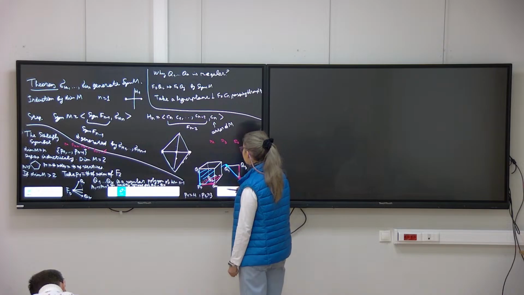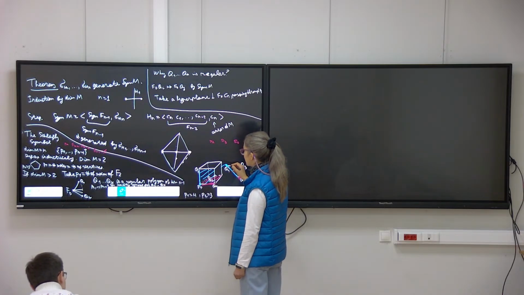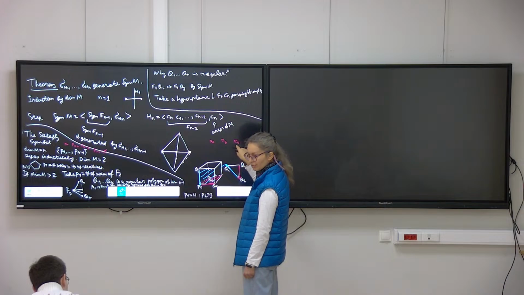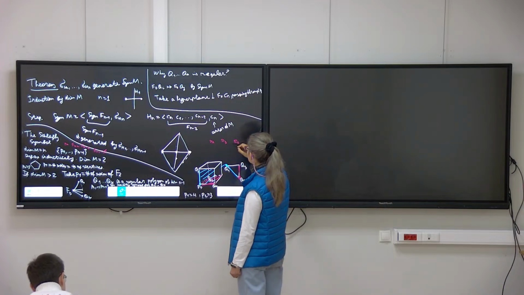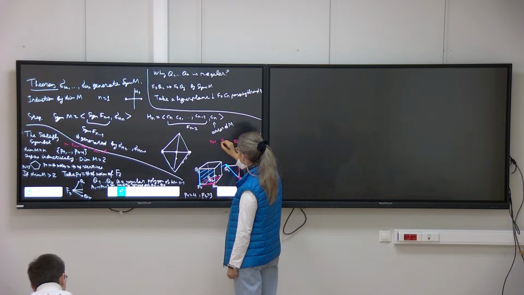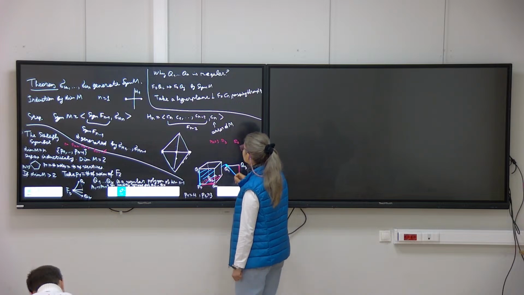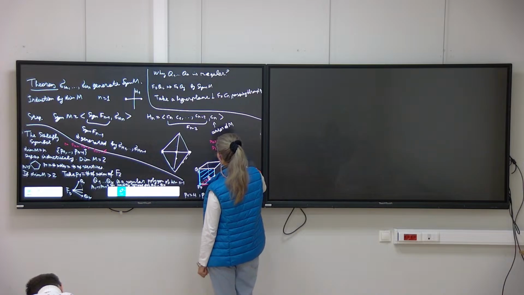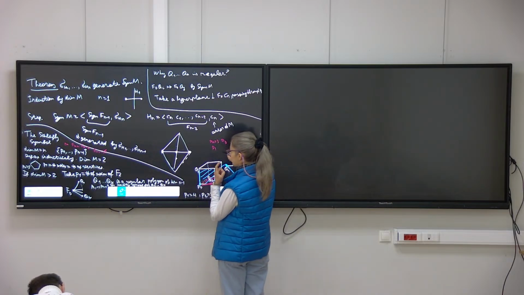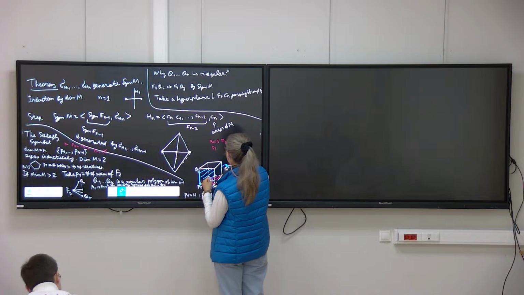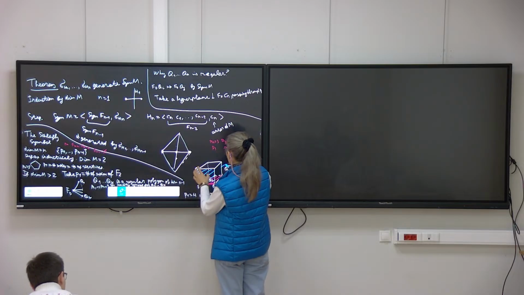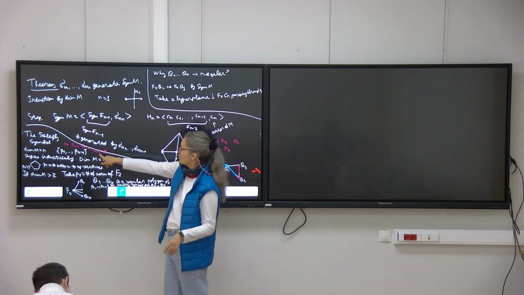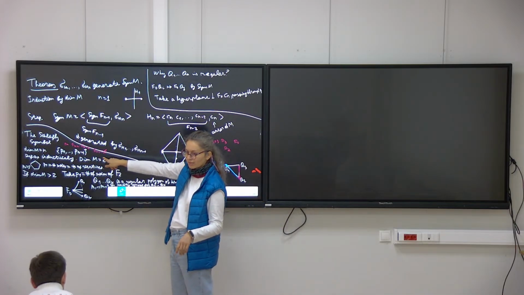Number of faces of dimension 2 which contain a vertex. There are 3 such. F3 is the whole cube. And P1 is in fact the number of 0-dimensional faces of F2, of a square, with no conditions because we assume F minus 1 equals the empty set.